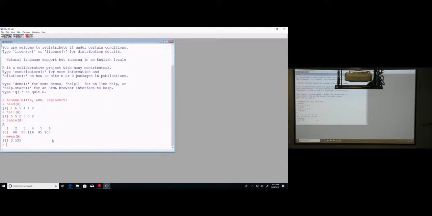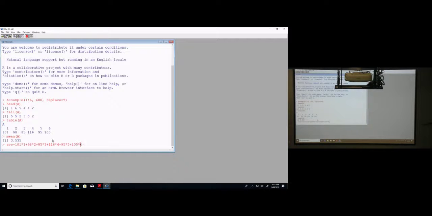So one way is I can call it average, and this would be equal to 101 times 1 plus 98 times 2 plus 85 times 3 plus 116 times 4 plus 95 times 5 plus 105 times 6.